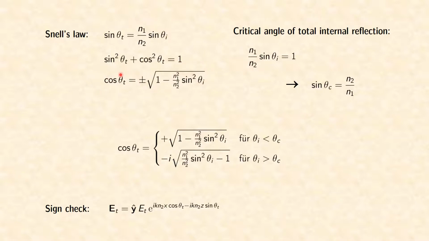However, you should keep in mind that the sine is squared here, which means that you lose information on the sign of the right-hand side here. So finally, when you take the square root of this argument, you don't know whether you have to take the plus or the minus sign.